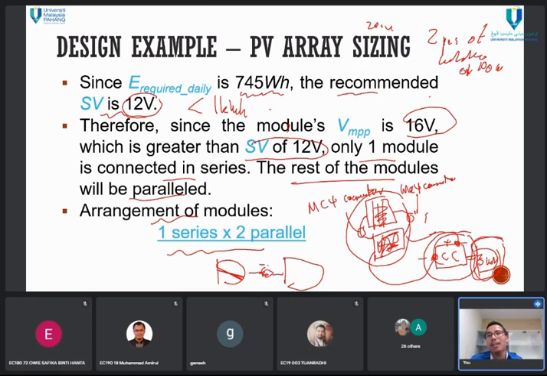But for the case of standalone, the most important thing is to charge and recharge your battery quickly. If you want to do that, you are going to need the multiple ampere hours or multiple amps, high charging current. That's why we make it parallel.